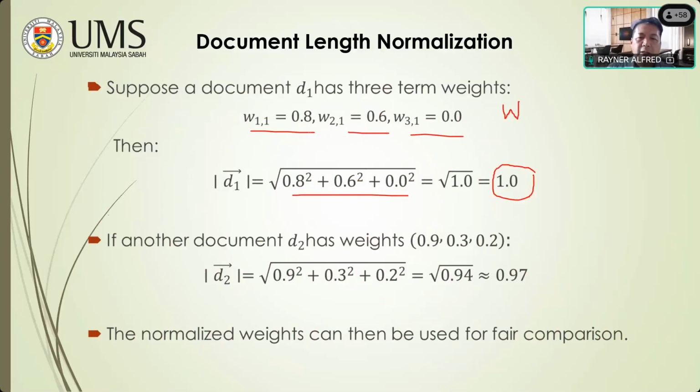That is okay. But for document 2, we take the square of each component, sum them all up, take the square root, and we get 0.97. So for each of the weights in document 2, we divide them by 0.97. This is the normalized weight of document 2.